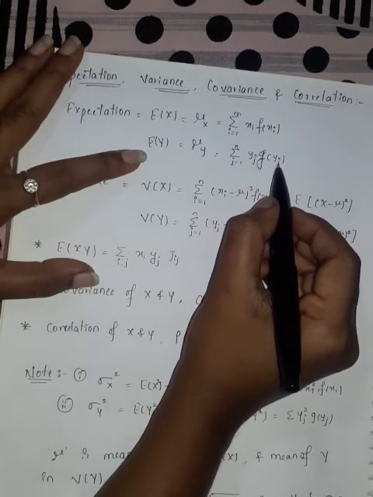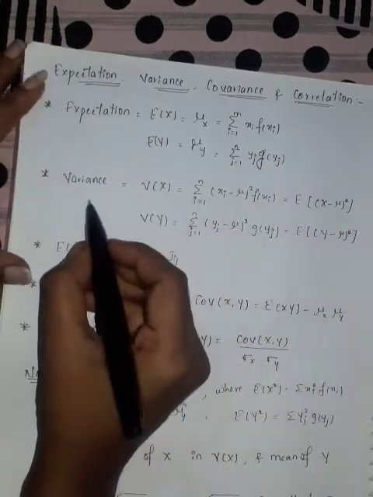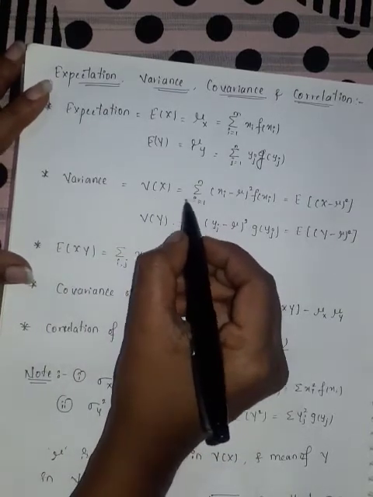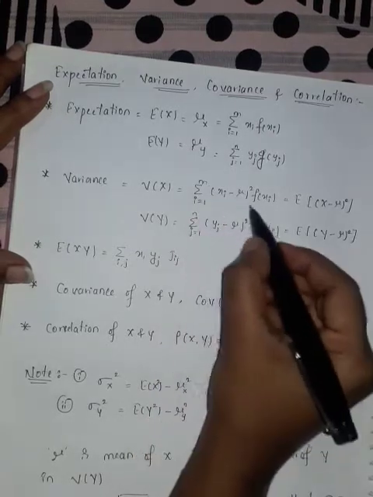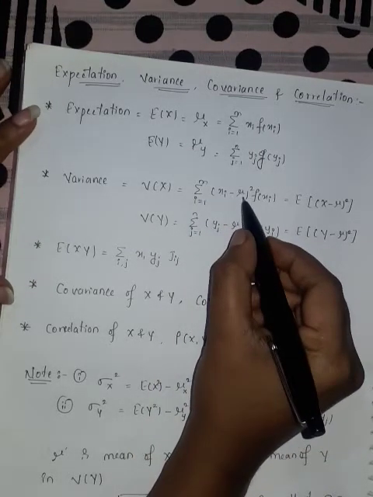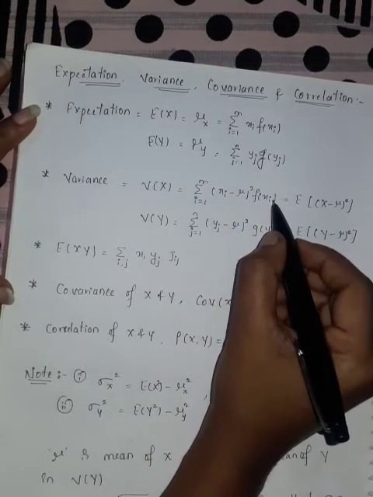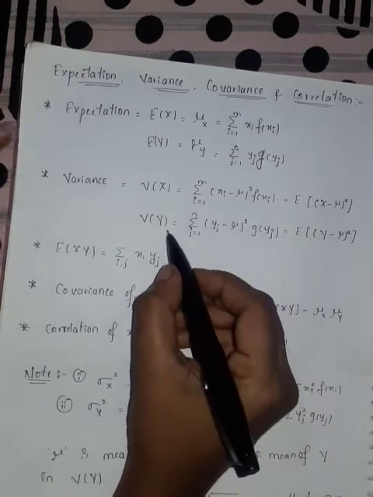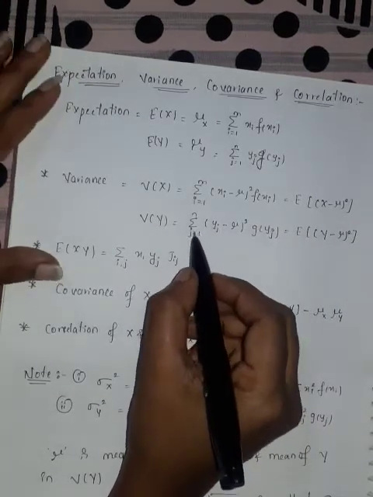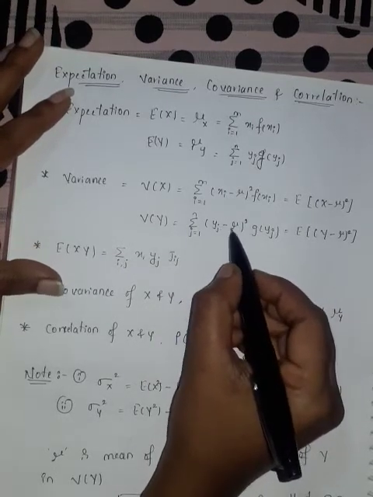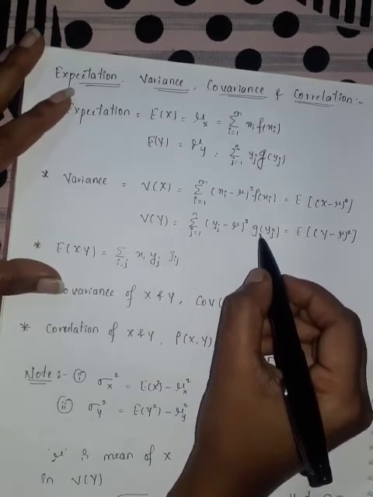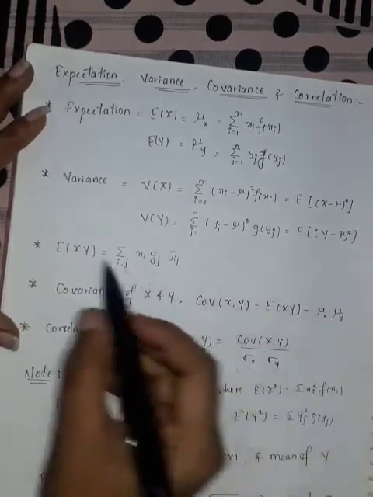Variance of x is given as summation of i going from 1 to m of (xi minus mu x) whole square into f of xi, and variance of y is given as summation of j going from 1 to n of (yj minus mu y) whole square into g of yj.